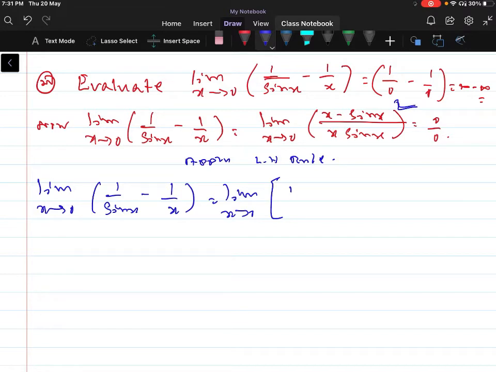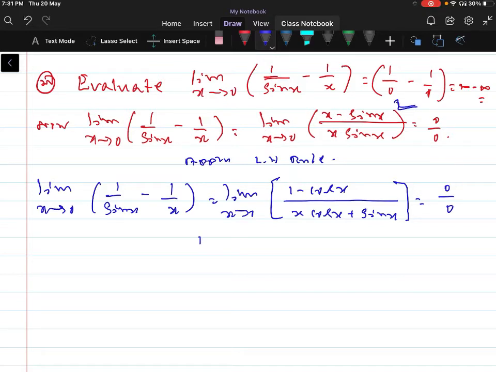X differentiation is 1 minus cos x, divided by, let us differentiate the denominator by using the product rule: x into differentiation of cos x, plus x differentiation 1 into sin x. Now let us apply the limit when x approaches 0. So when x is 0, cos 0 is 1, 1 minus 1 again 0. In the denominator also, x is 0, 0 into anything is 0, sin 0 is 0, that is 0 by 0 form.